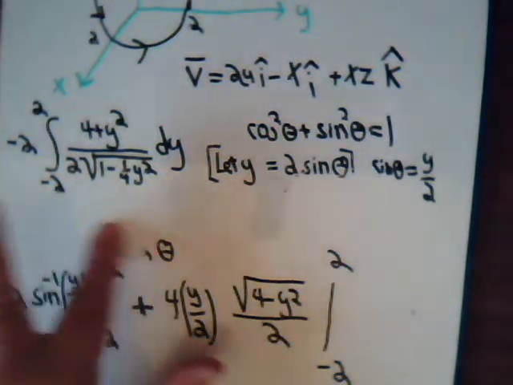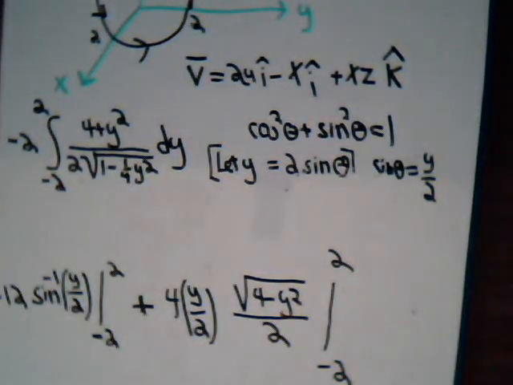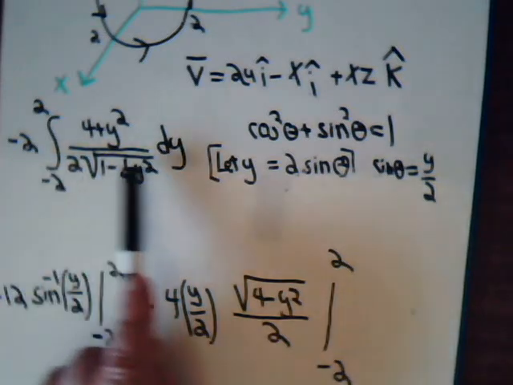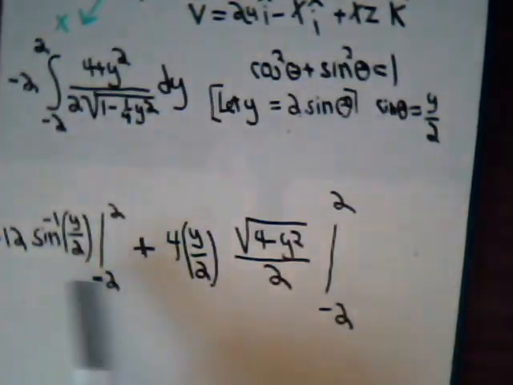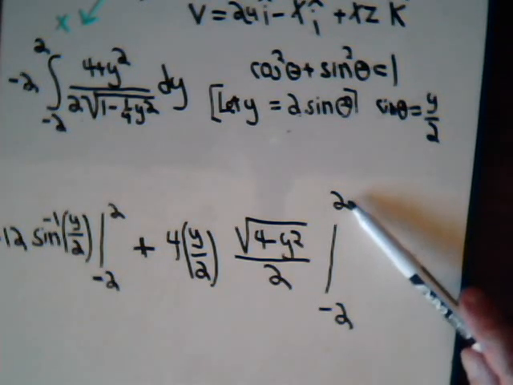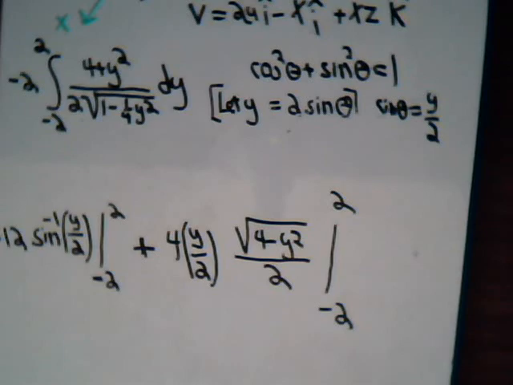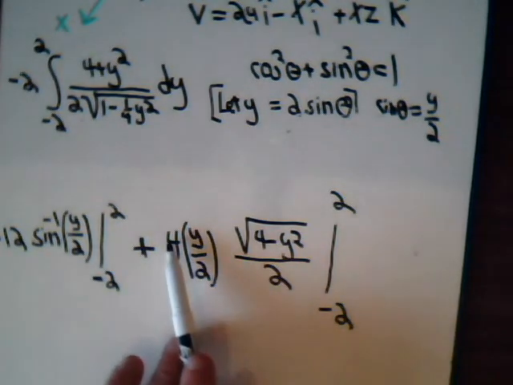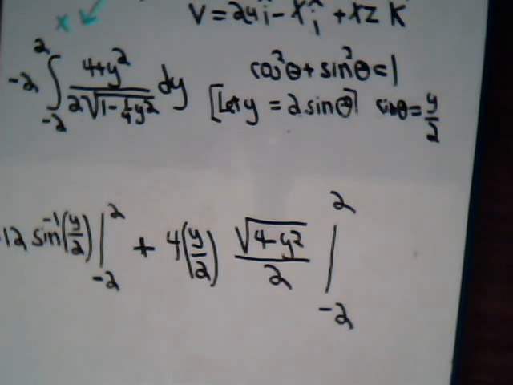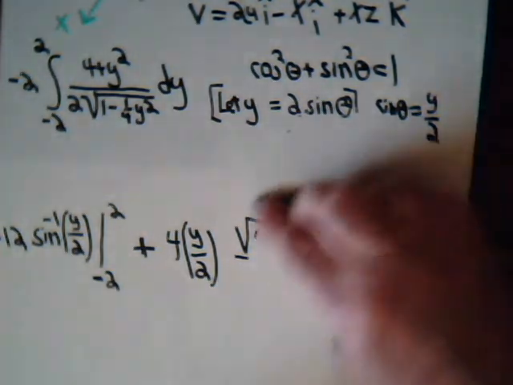Now let's get rid of this. So we have then that the answer to this integral, minus 2 times this integral, gives us this expression. Now here if we put 2 in for y, that's 4 minus 4. If we put minus 2 in for y, that's 4 minus 4. So this just gives us 0. So we can get rid of this part.